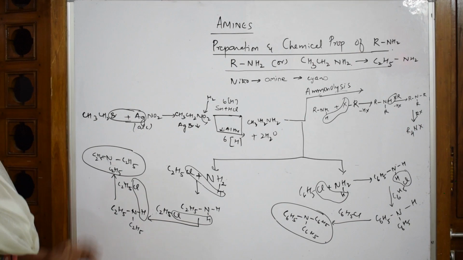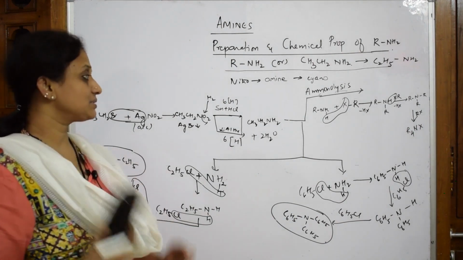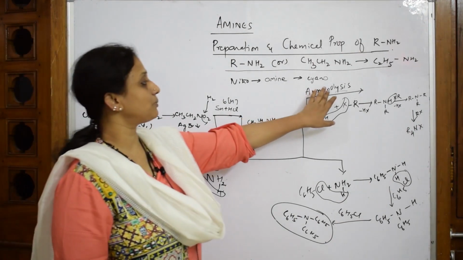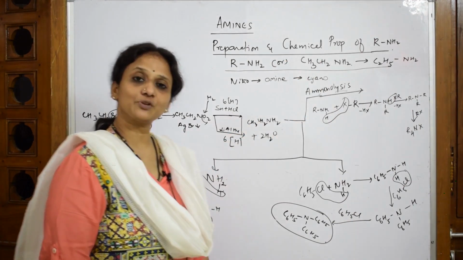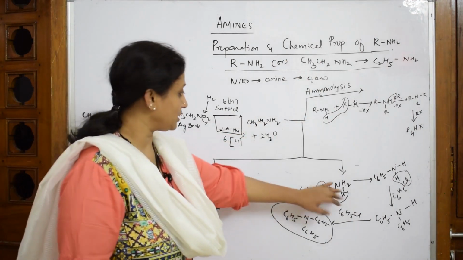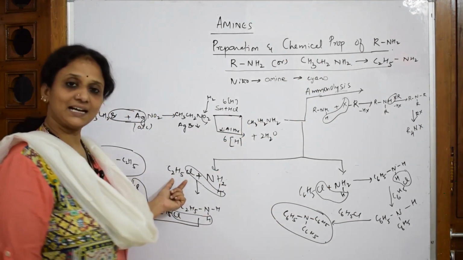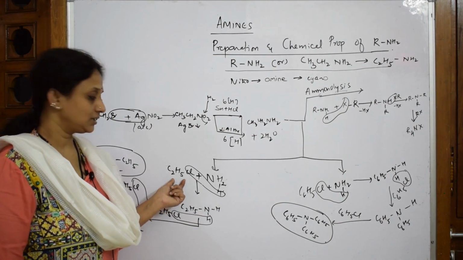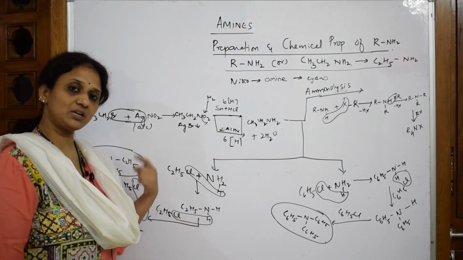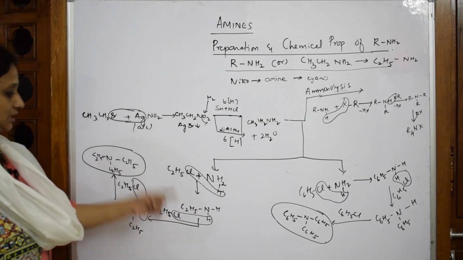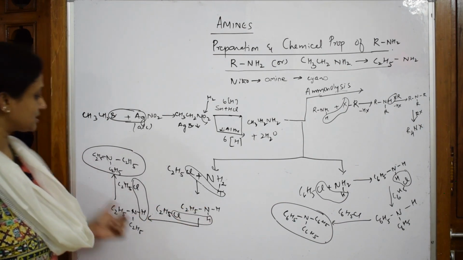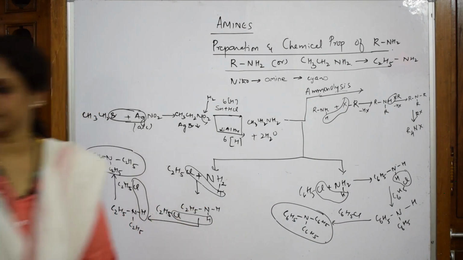Simple. So this is the aminolysis process. Once again, what is aminolysis? Aminolysis is a process of addition of ammonia to an alkyl halide. Right? Every time what is happening? One hydrogen gets replaced. It goes on, it gets replaced till all the hydrogens are done.